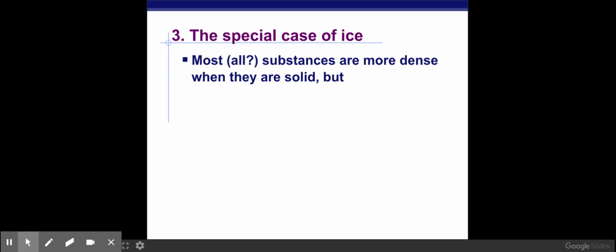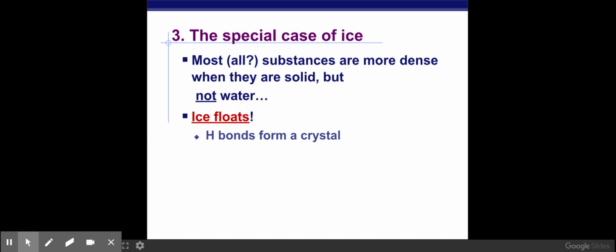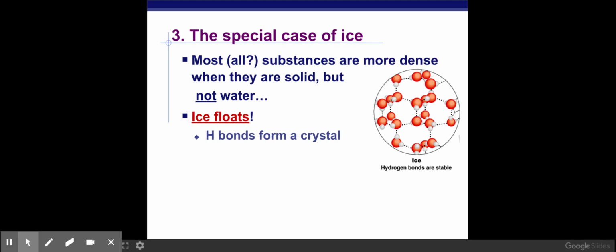Who would have thought ice was so special? Most substances, I can't think of any that aren't, are more dense when they're solid than when they're liquid. But water is not. So ice actually floats, which is so weird. But that's because of those hydrogen bonds.